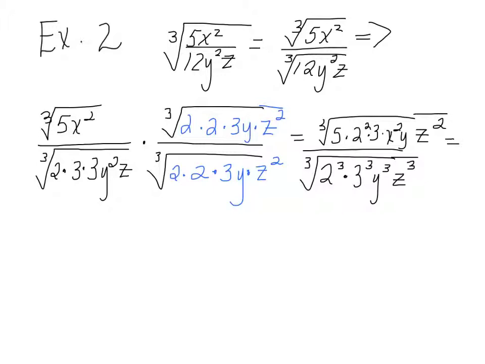Okay, so on the top you notice that I don't have enough to bring anything out, and it's okay. So I'm going to do 5 times 2 squared is 4, that's 20.